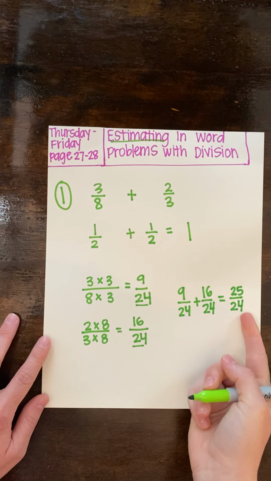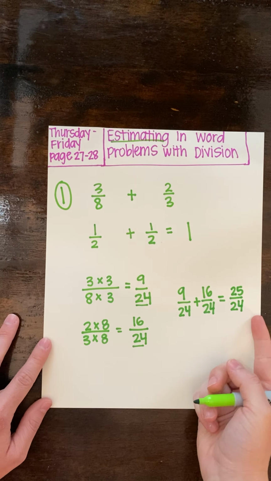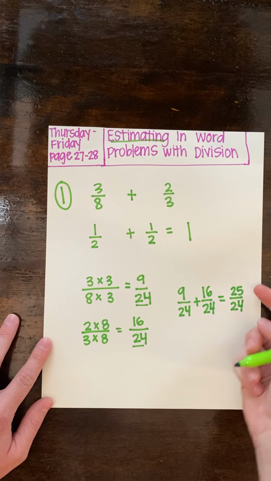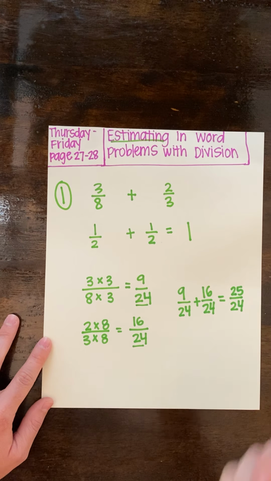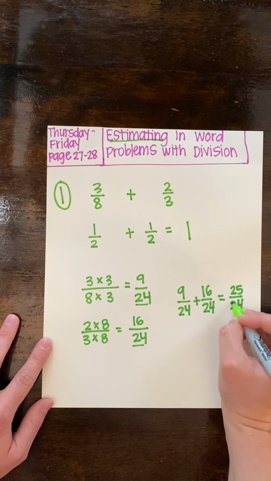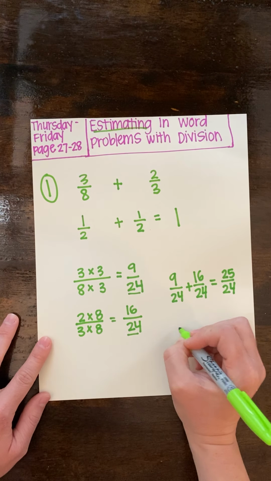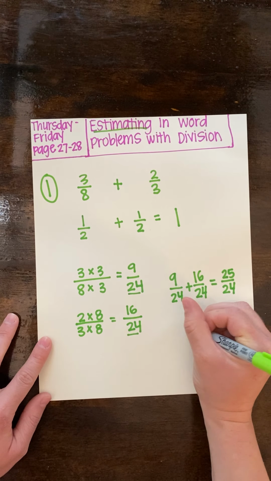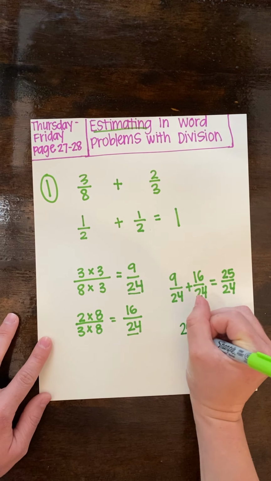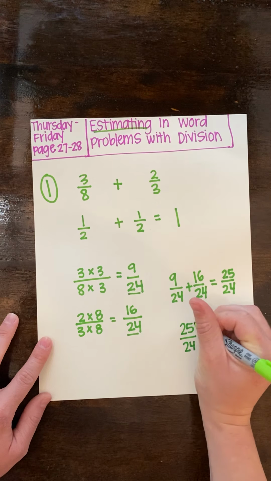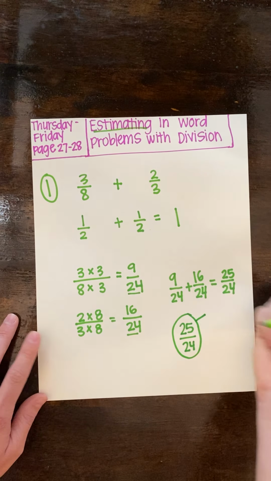And I can pull out a 1 whole from this and write my remaining fractional parts because my numerator is larger than my denominator. So if my unit is 24ths, I know it takes 24 24ths to make 1 whole. So I'm going to pull that out using a number bond. So I have 25 24ths. I'm going to pull out all the wholes I can.